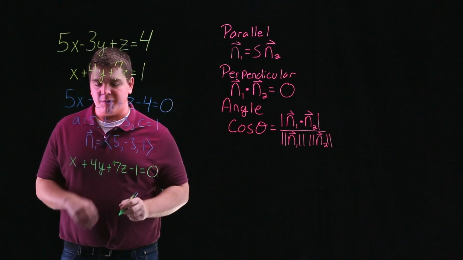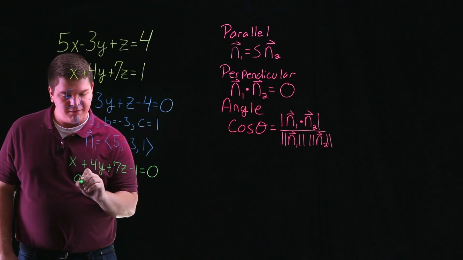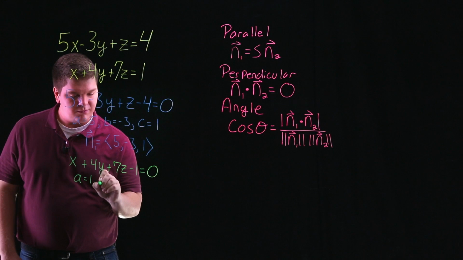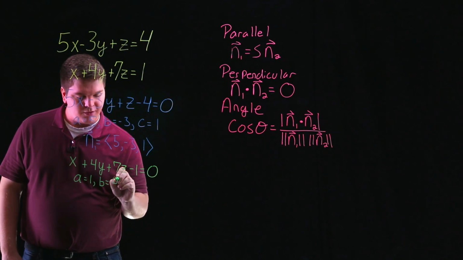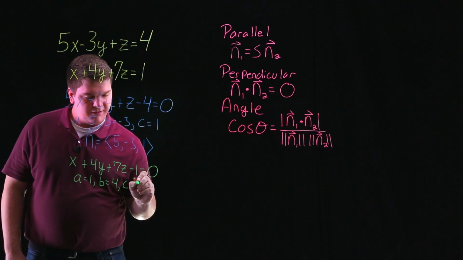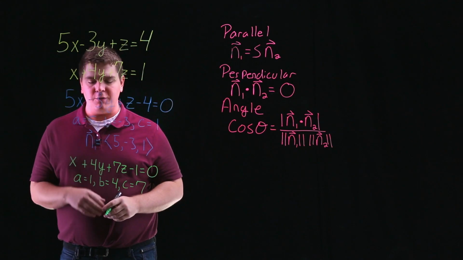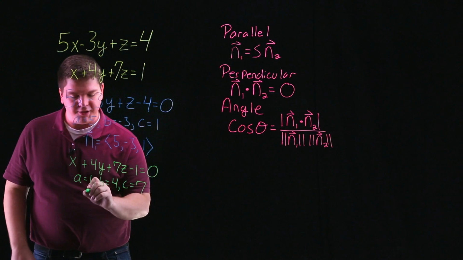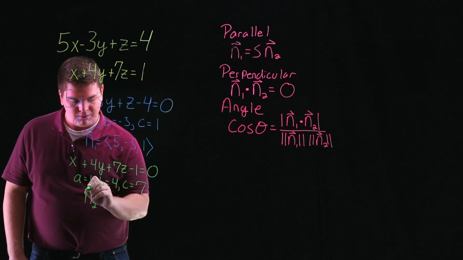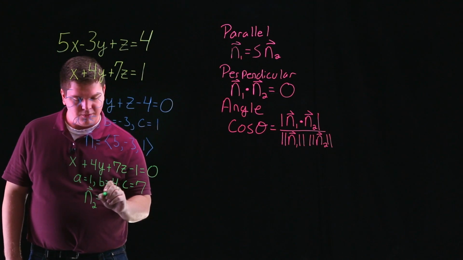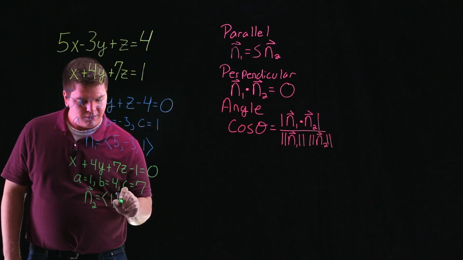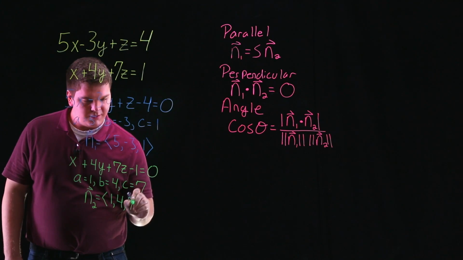Our direction numbers for this plane are going to be given by a equals 1, b equals 4, and c equals 7. So the vector which is going to be normal to our second plane, n2, is equal to 1, 4, 7.